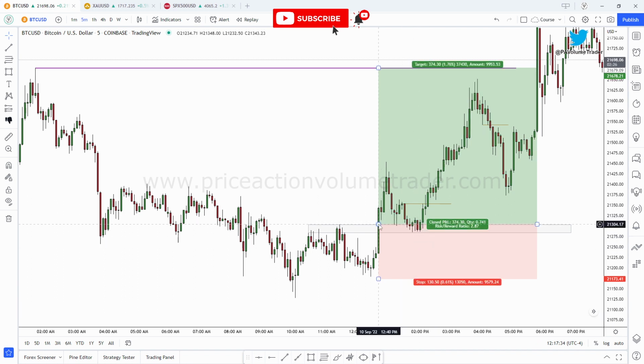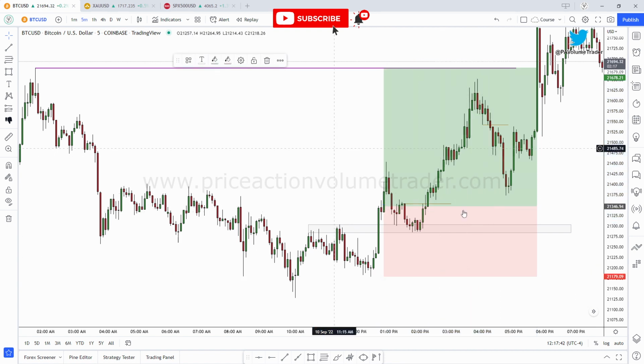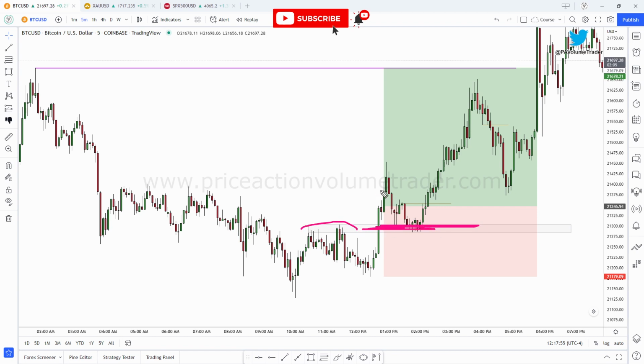Now, if you would have just caught this on the breakout, like around here, same thing. Your R&R is obviously lower because you went in on the breakout. Do not put your stop loss right here, because this is exactly the level we expect to be retested on a pullback.